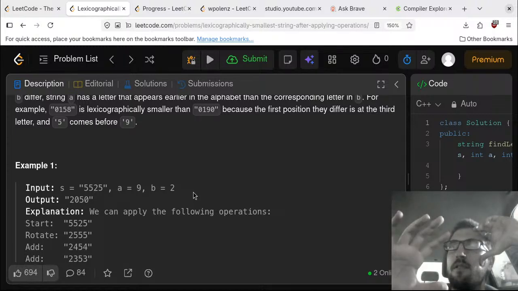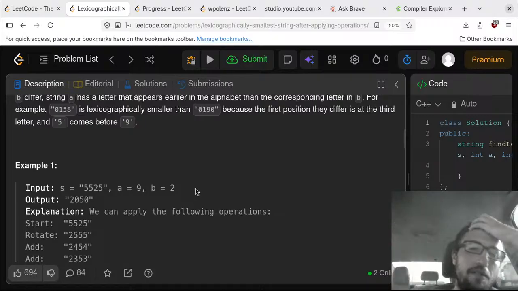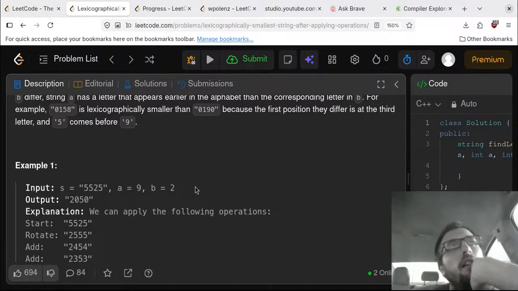But I want to say there's a greedy approach there that works reasonably well, which would just be basically just keep applying the rotation several times until you get the optimal approach, something like that. It's not quite that. I want to say you could do a greedy approach there.